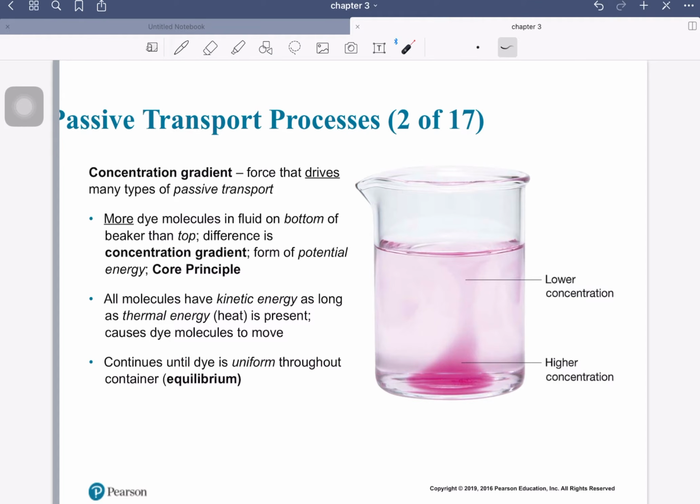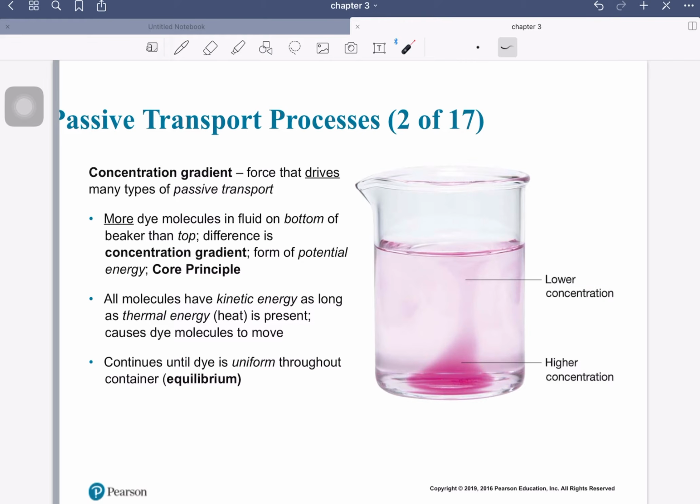Now, the difference between the areas of high concentration and low concentration we call the concentration gradient. This is one of those potential energies that, if you go back and look at the core principles we talked about in a previous chapter, you'll see falls into that category.